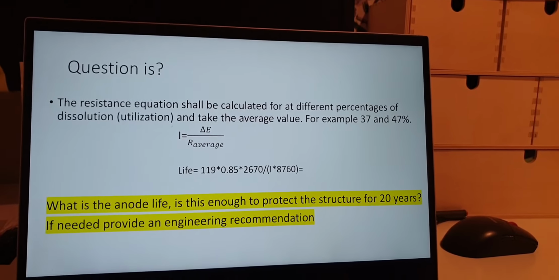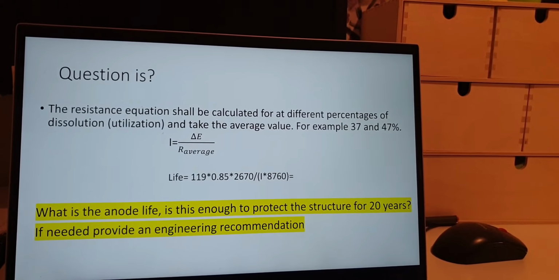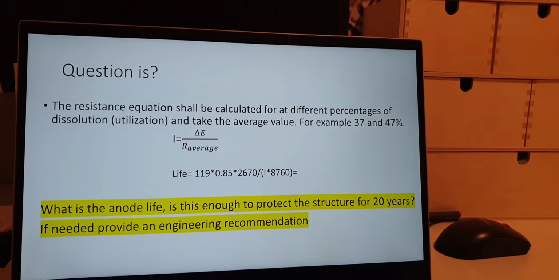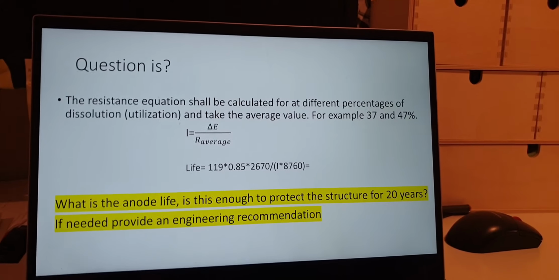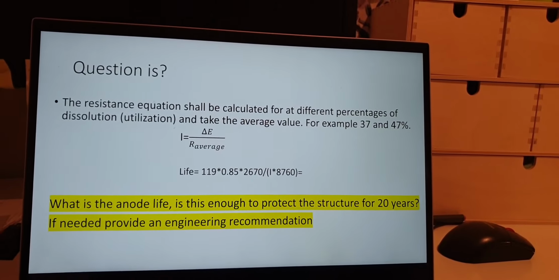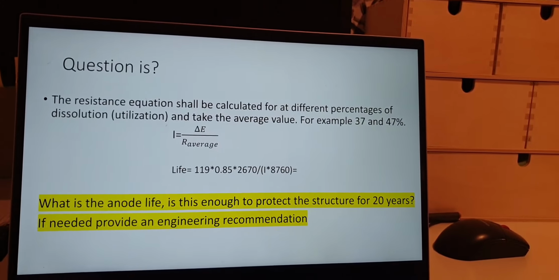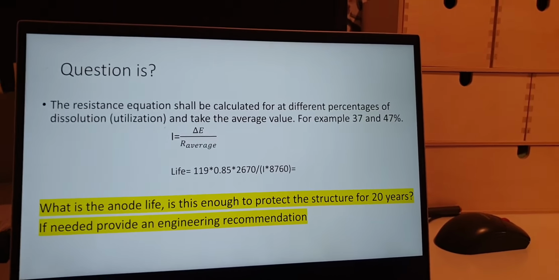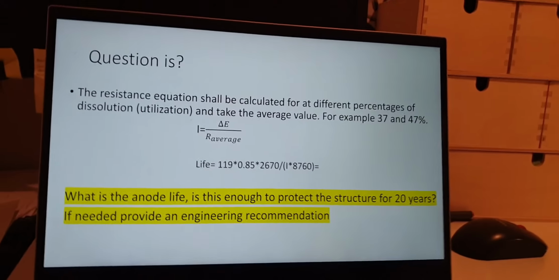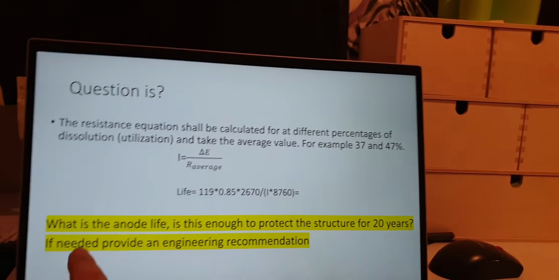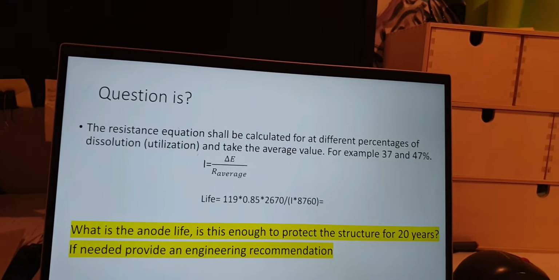So basically you need to say if this is good, or if we need something else, or whatever information you want to put. Once you address these questions, the task is solved. Write all the numbers in the equations, and at the end, that's exactly the question you need to answer.